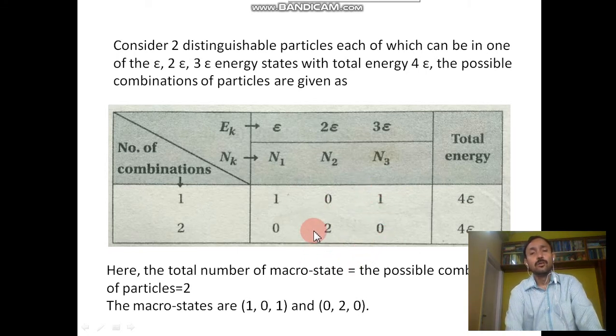That means two distinguishable particles can be distributed among the three energy states so that the total energy becomes 4 epsa.